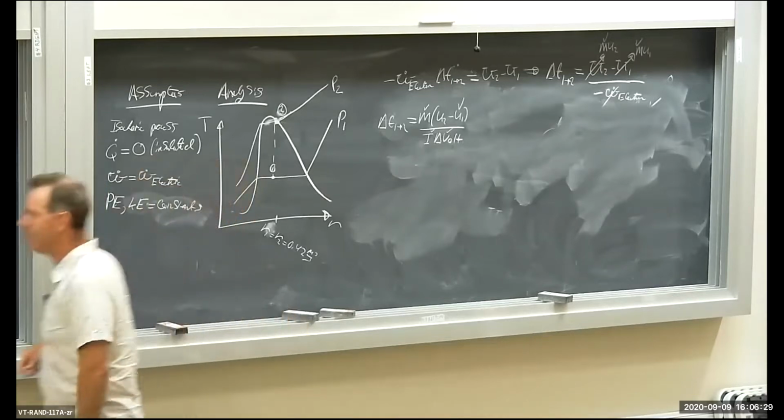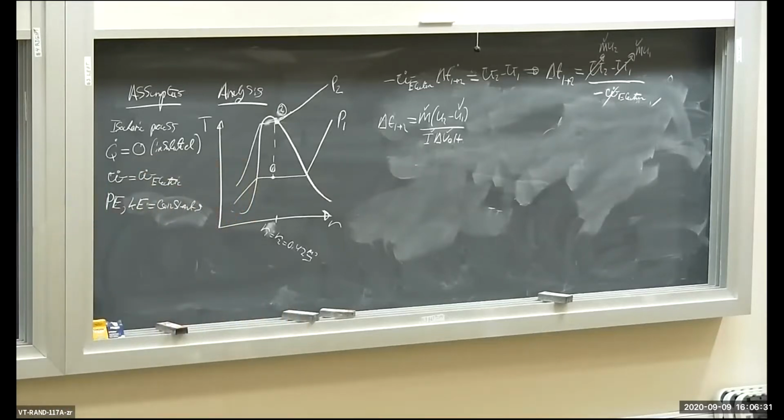Let's see if we can crank that out. So U2 is equal to U at a quality of 1 and a specific volume of 0.423 cubic meters per kilogram.